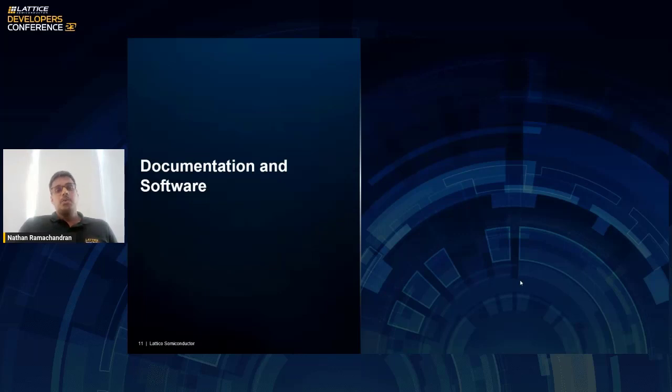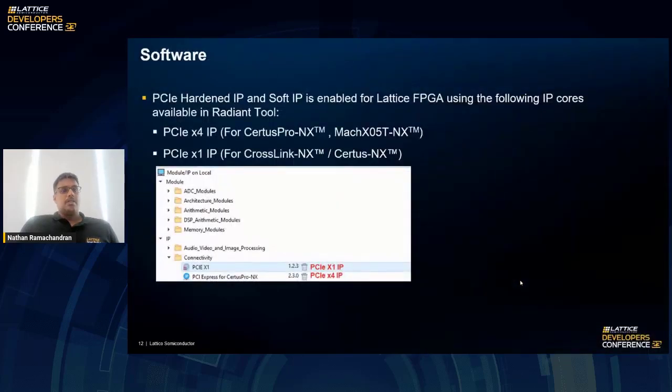Then let's move on to the documentation and software that is required or offered to enable users to use the Lattice FPGAs to implement PCI Express. For the software part, both the PCI hardened IP and soft IP are enabled using the following IP core.